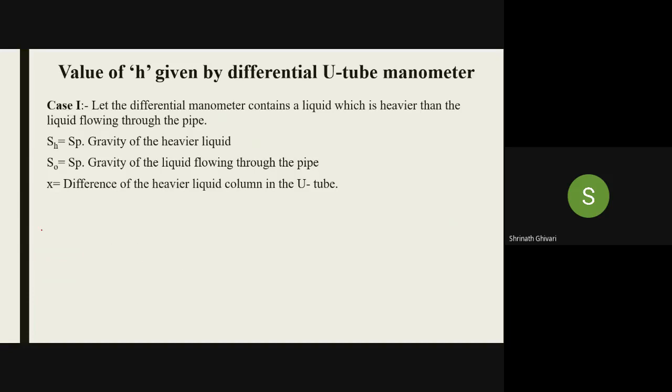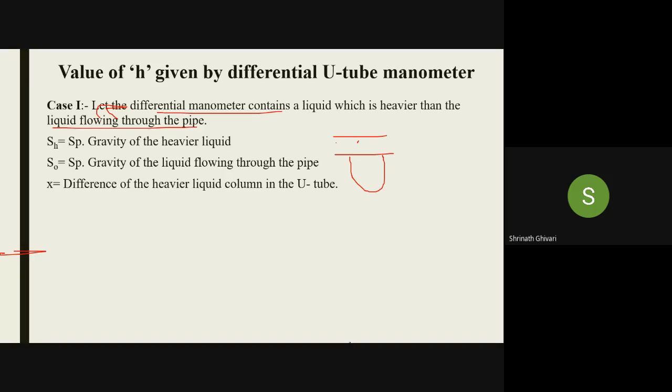If we are considering a pipe which is horizontal, let the differential manometer contain a liquid which is heavier than the liquid flowing through the pipe. I am connecting a differential manometer to this pipe, to which a Venturimeter is connected.